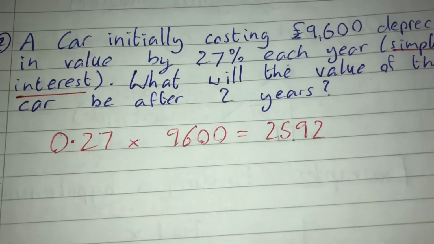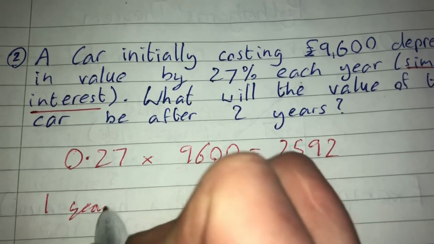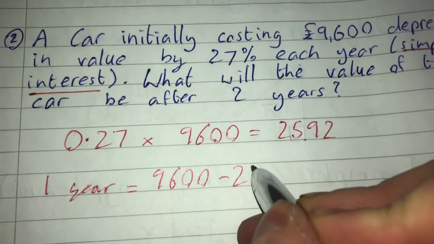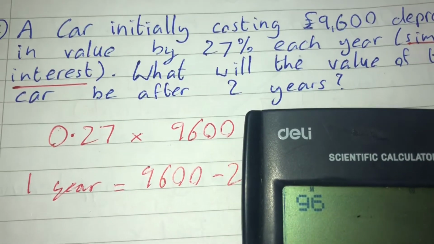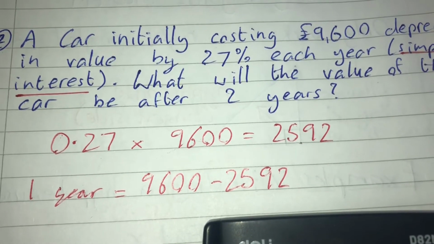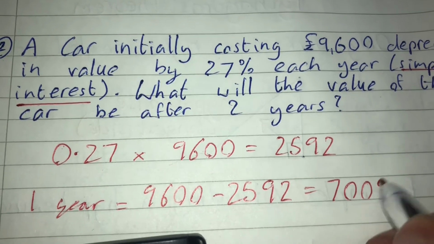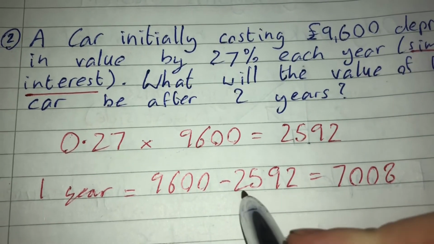So the car is depreciating by that amount each year. Again, just to break it up into years, after 1 year, it'll be 9,600 subtract 2,592, and that's £7,008. Because it's simple interest, we're just taking this exact same amount away again.